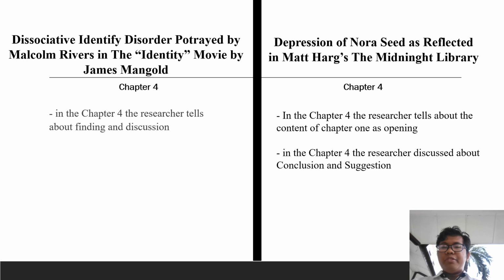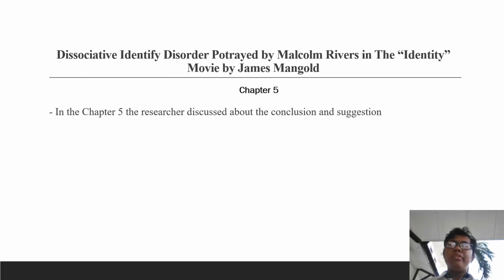In chapter four, the researcher discusses the conclusion and suggestion. Then in chapter five of thesis one, the researcher discusses the conclusion and suggestion. Then the other thesis only has four chapters.